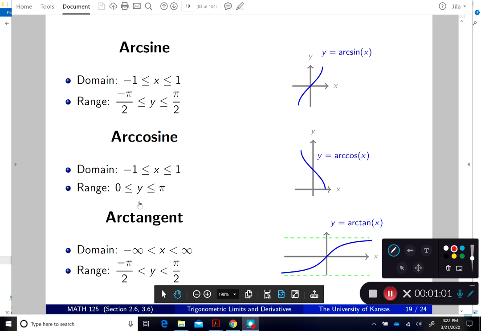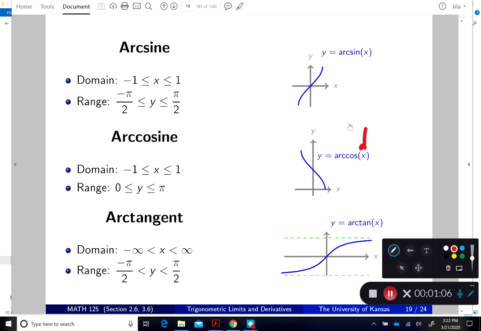And then what about arccosine? For arccosine, the input again is a ratio, and the output is an angle, and the angle for the cosine is in the first and second quadrant.